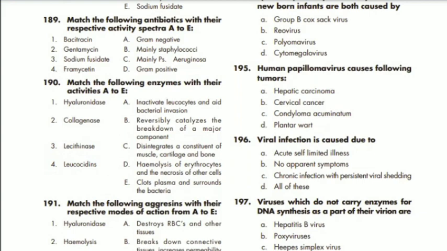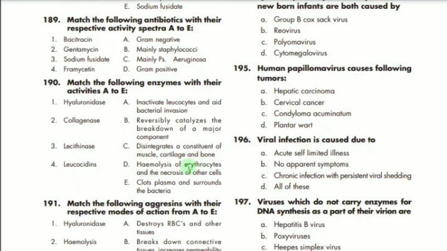The 190th MCQ says match the following enzyme with their activities. The first enzyme is hyaluronidase. The most important activity of hyaluronidase is the reversible catalysis of the breakdown of the major component. B is the correct option. Collagenase. Collagenase is actually the disintegrator of a constituent of muscle, cartilage and bone.